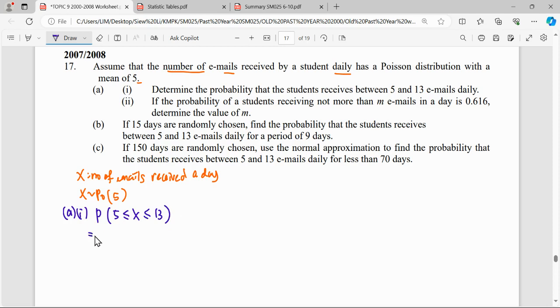So read your table. Between 5 and 13, so not included.